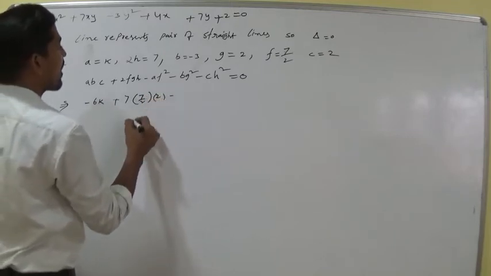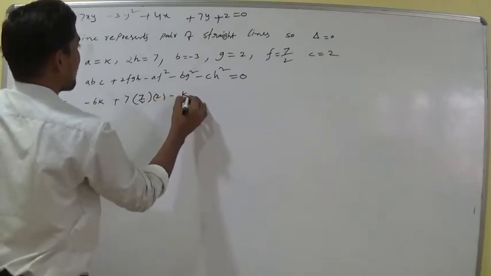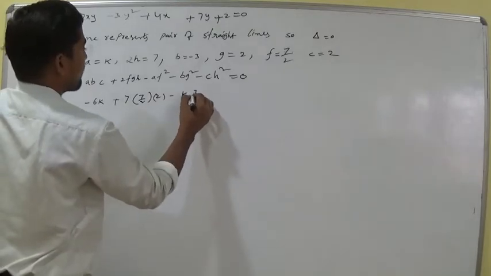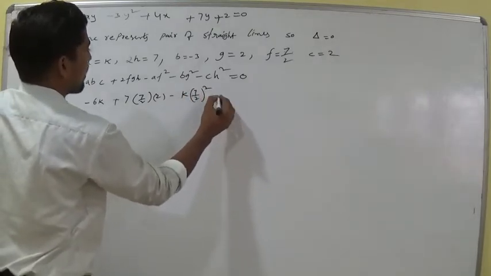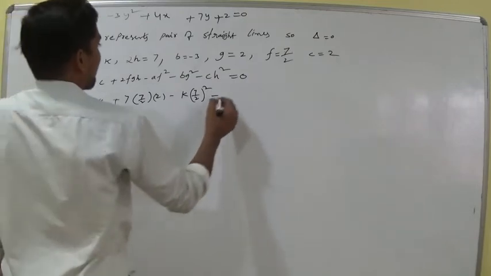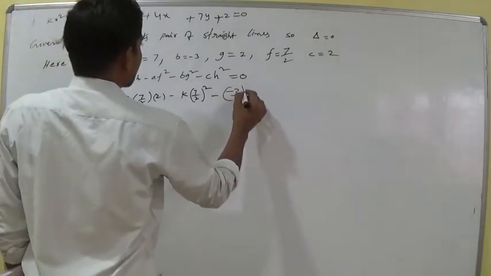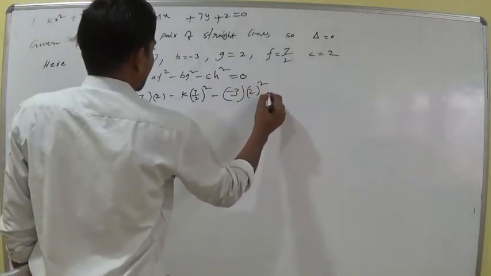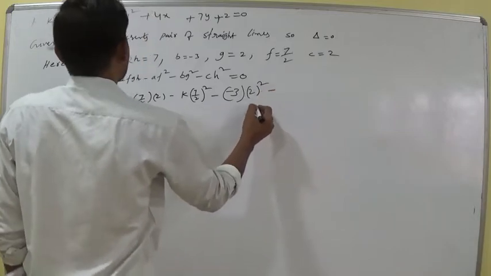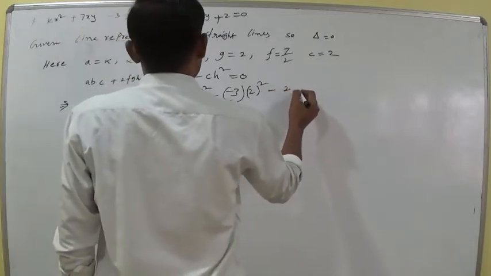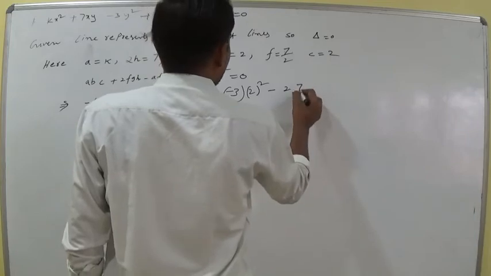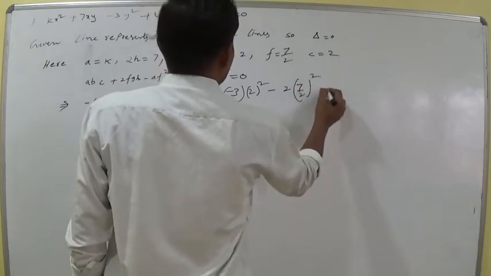And minus af square, a is k, f square is 7 by 2 whole square, minus bg square, minus 3 into g square, 2 whole square, minus ch square. What is h square? h is equal to 7 by 2, whole square, equal to 0.